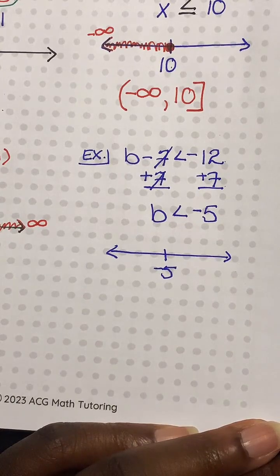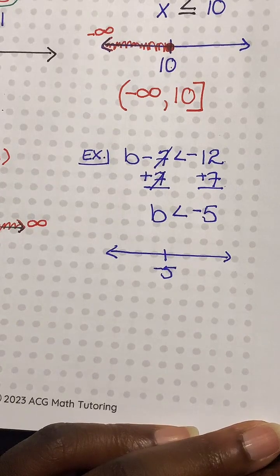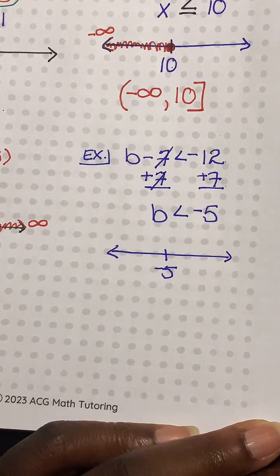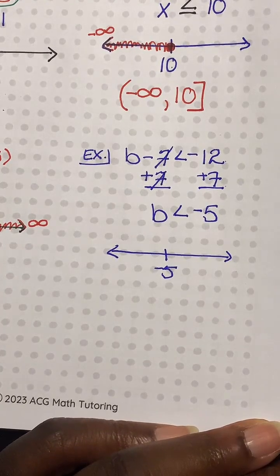Okay, so we got our open. Someone's got our positive infinity. You might want to check that. Okay, Juan, you might want to check that.